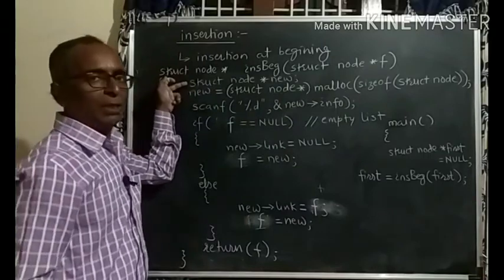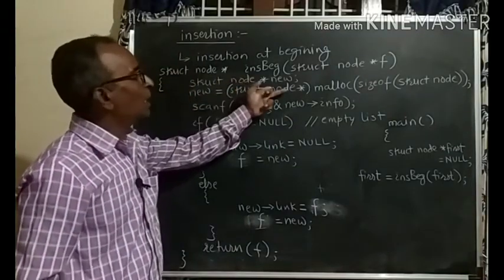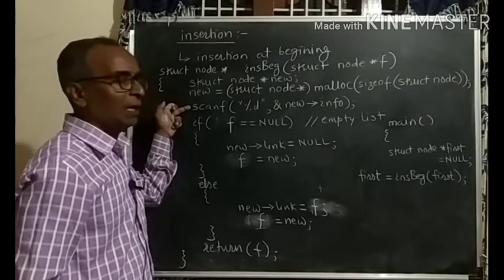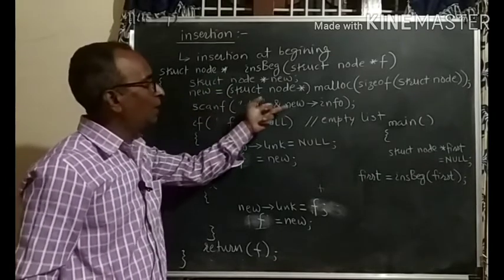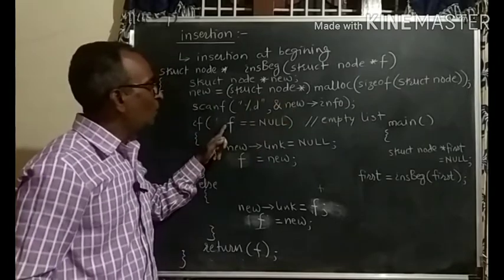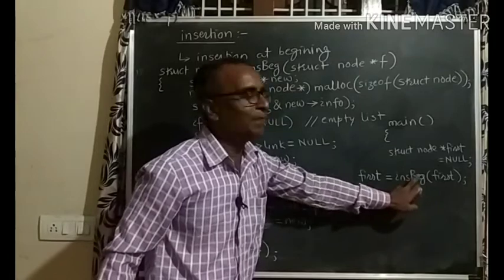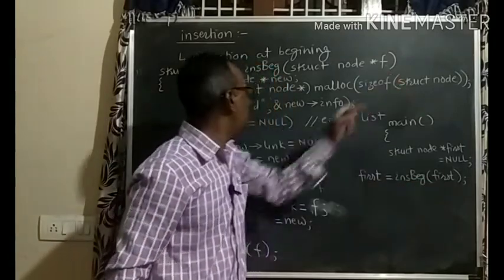New is a pointer variable declared. Size of struct node will be allocated, that will be given as new. One value will be read into new. Now if f is null, in this case when I called it the first time, this first is null, f is null.